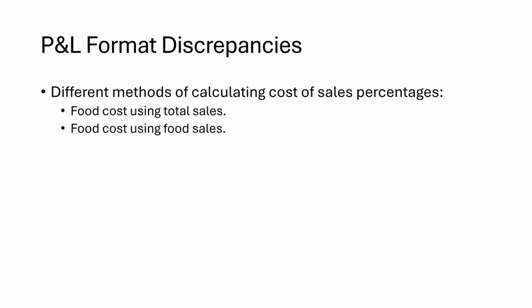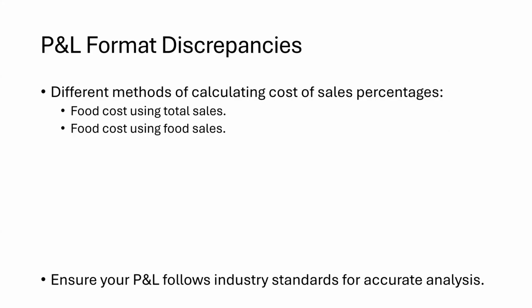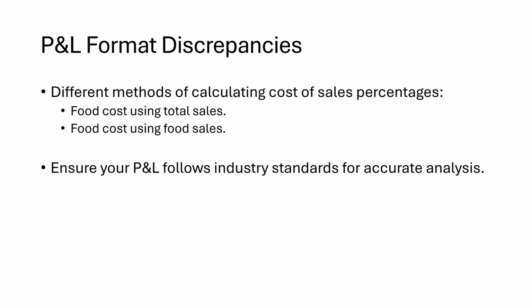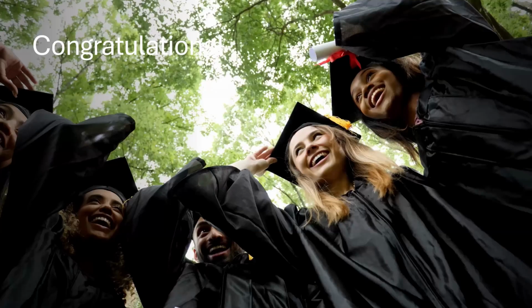If you're using both food and beverages, it's going to be a much lower percentage than just using the food. So make sure that you're using the same thing each time. Ensure your P&L follows industry standards for accurate analysis. Your office or your managers or your owners may want to see it differently, but make sure you're using it consistently.